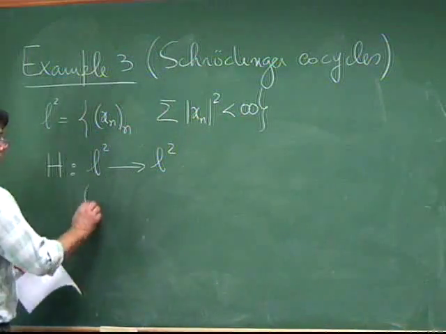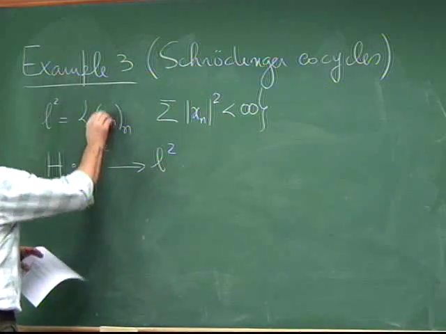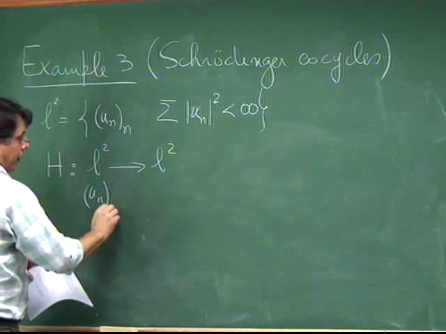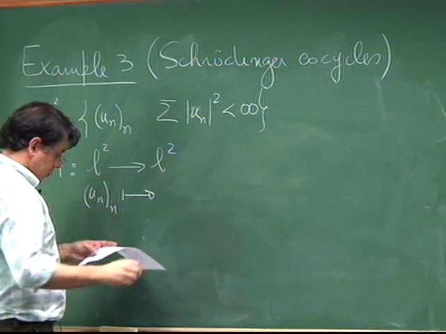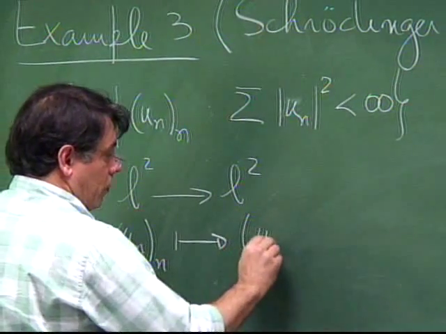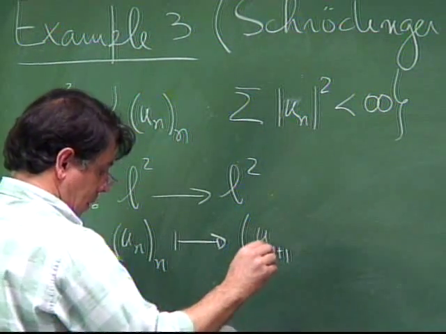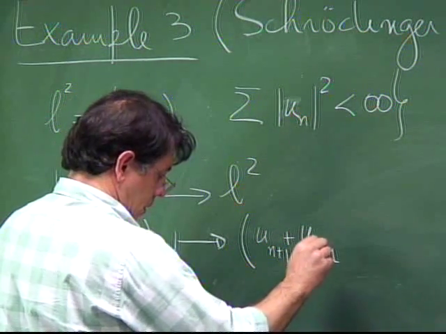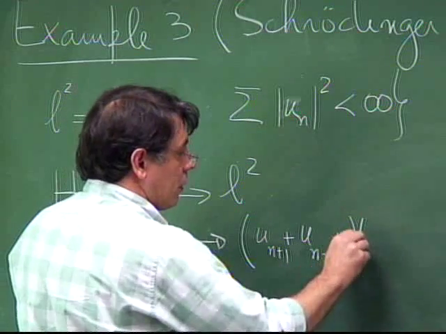You take a sequence, I'm going to use U here, it's the notation that is in the book. You take a sequence U_n and you map it to the sequence U_{n+1} plus U_{n-1} plus V_n U_n.